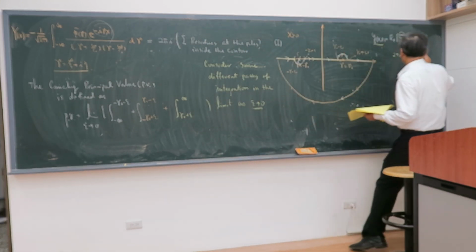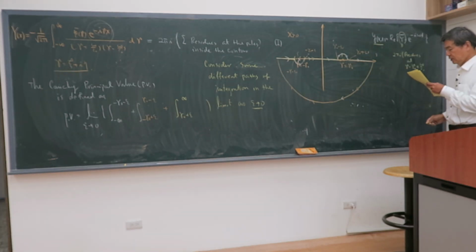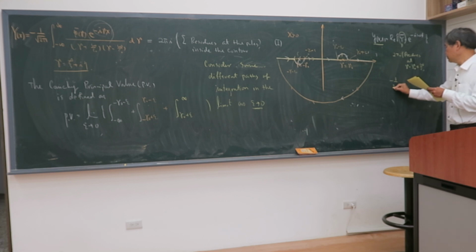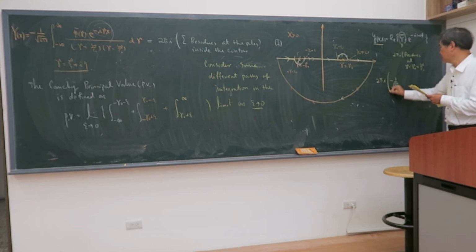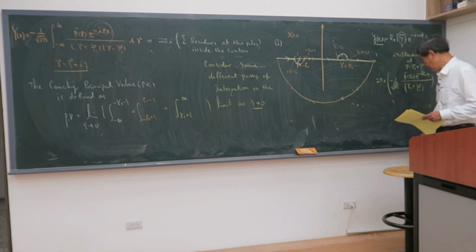Here the residual will be minus 2 pi I, sorry, square root of 2 pi, and the residual is p bar gamma 0 e to the minus gamma I gamma 0 x with gamma 0 plus omega over c0.